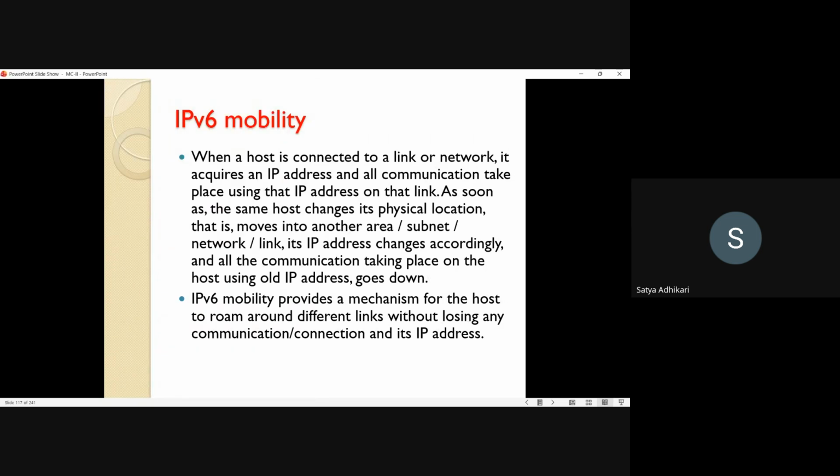To overcome this constraint, IPv6 mobility provides a mechanism for the host to roam around different links, from one network to another, without losing any communication connection or its IP address. So this is the best feature of IPv6.